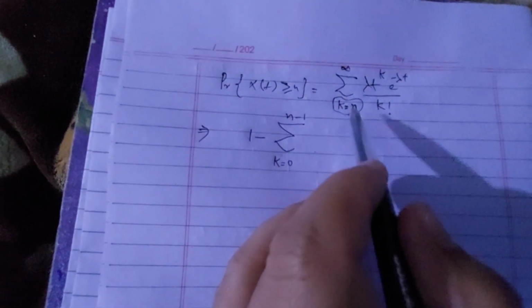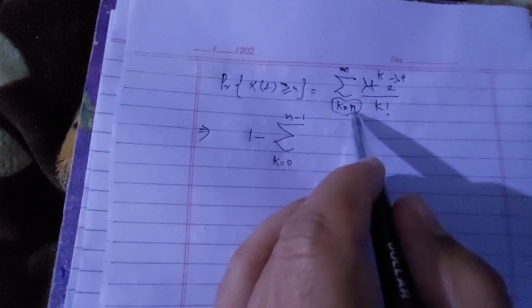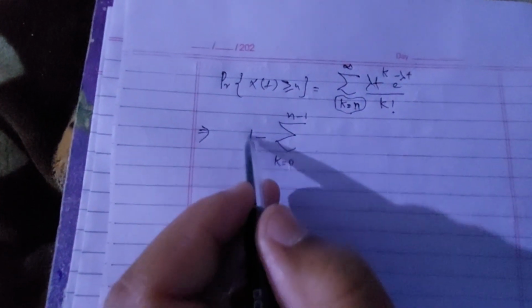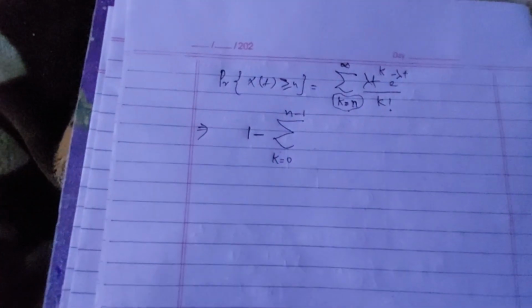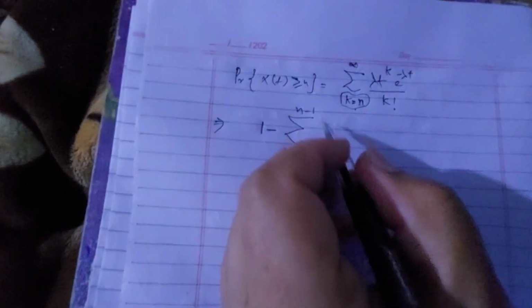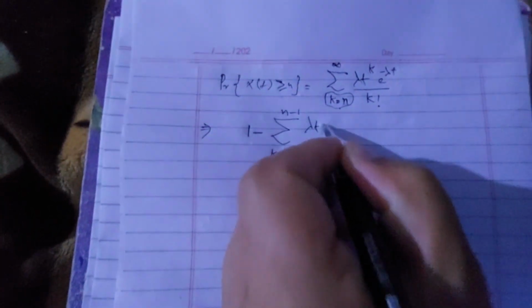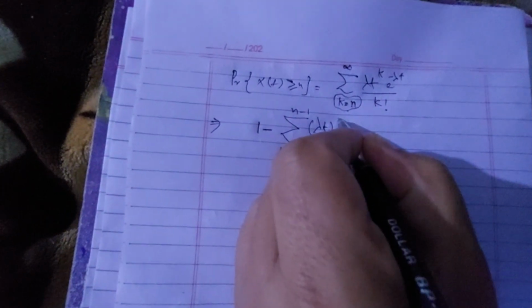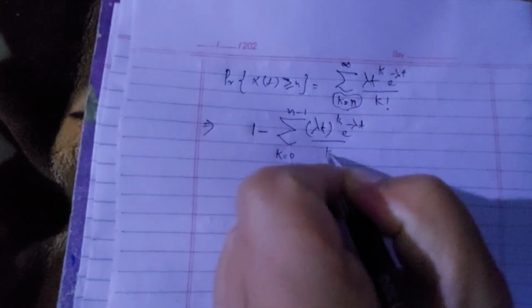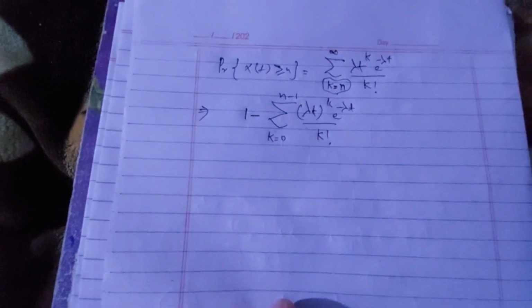So all the events before n, make the summation and subtract it from 1, and it will give us the exact probability. We can write it as (lambda t)^k e^(-lambda t) divided by k factorial.